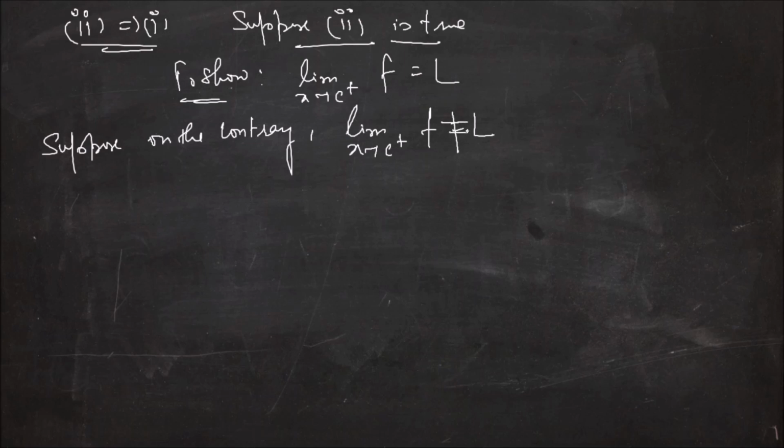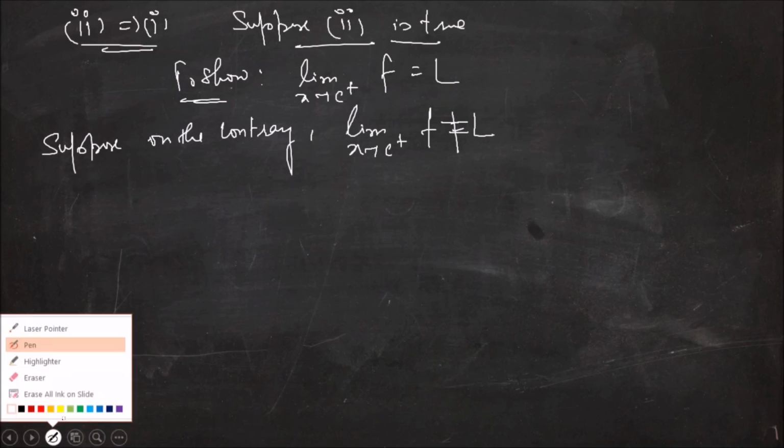So what does this mean? We will take the negation of the definition of the limit as x tends to c of f equal to L. So let us first write the definition.